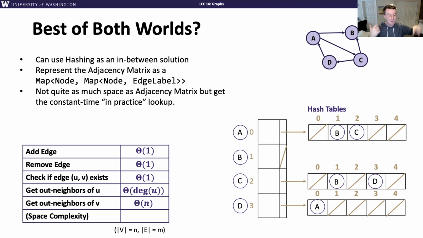To get the in neighbors, it might not be optimized for this in a directed graph, so you're going to have to search the whole table. But the space complexity can still be linear. It's not n squared, it's more like n plus m. Again, it's hiding constant factors, especially because these hash tables use a little extra space, but it's not going to be this n squared world.